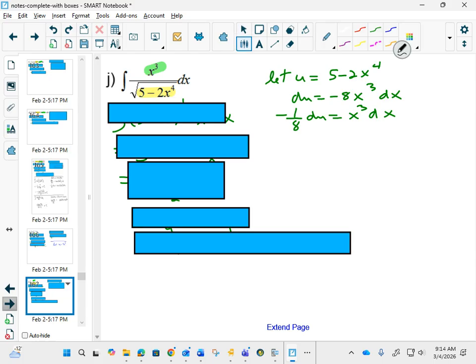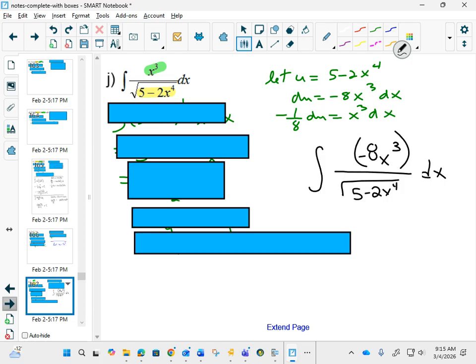If you watch YouTube videos on this, sometimes people do this as a technique, okay? I've seen this technique. Some of you, if you like this better, you can. Someone said, but I wanted a negative 8x cubed, and I have an x cubed, right? Because the du is negative 8x cubed. You really wanted it to match up. So what people do is they say, well, I'll put a -8 there.